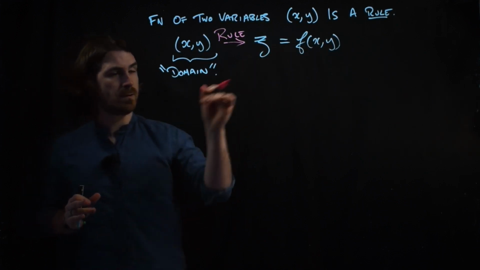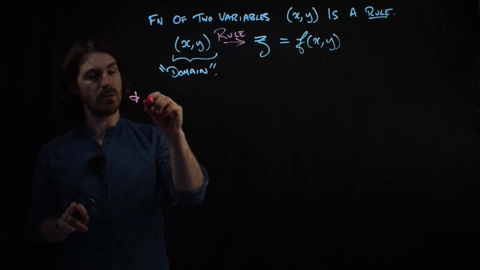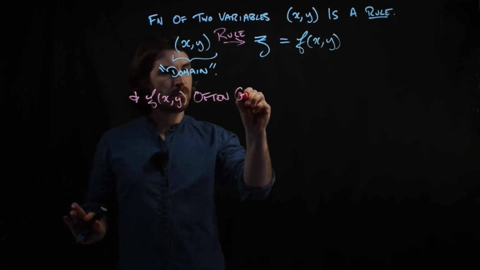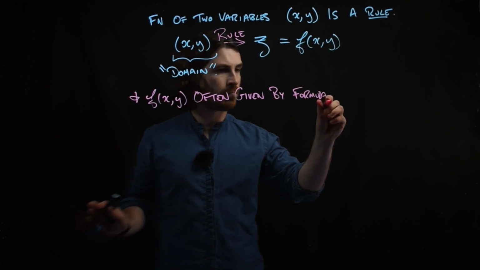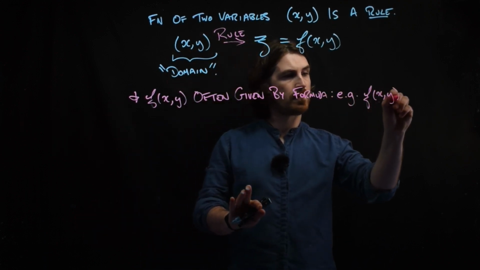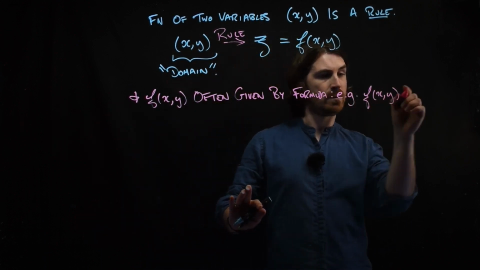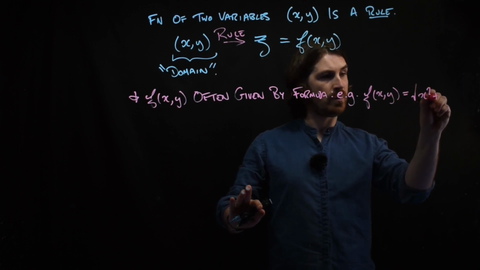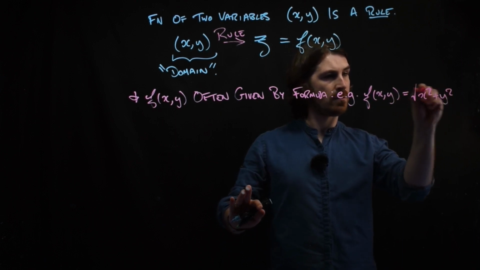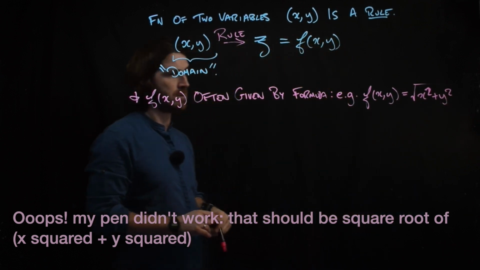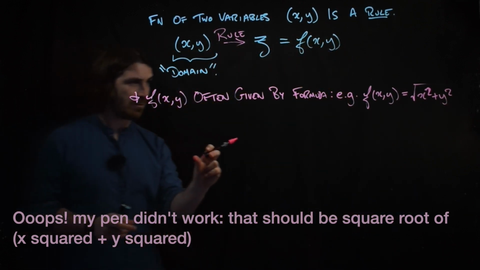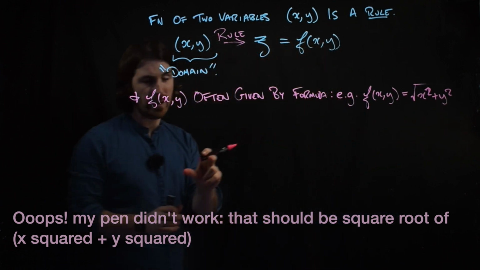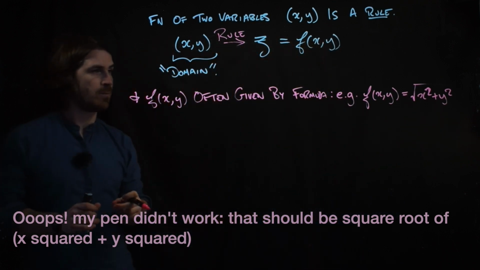And this f of x and y is often given by a formula. So for example, this function of x and y is just the square root of x squared plus y squared. That's nothing other than the length of a point from the origin in the xy plane.